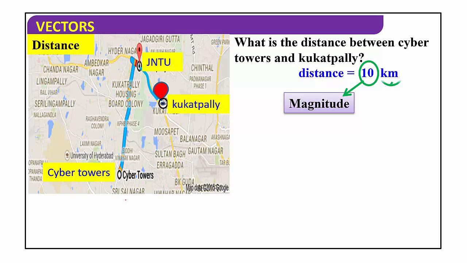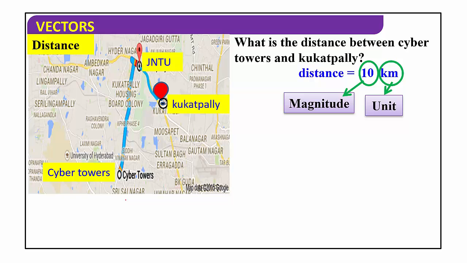It is measurable. Kilometer is a unit. So it is having a magnitude with a specified unit. That means distance is a scalar quantity because it has only magnitude, but there is no direction.